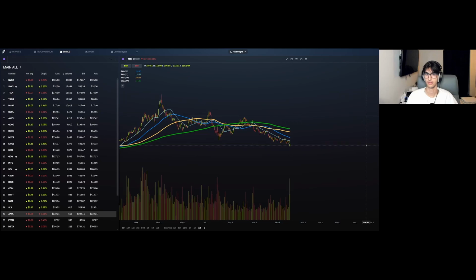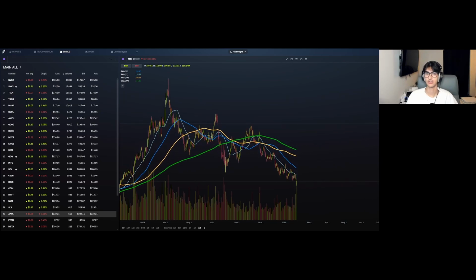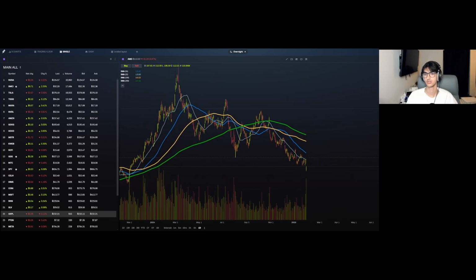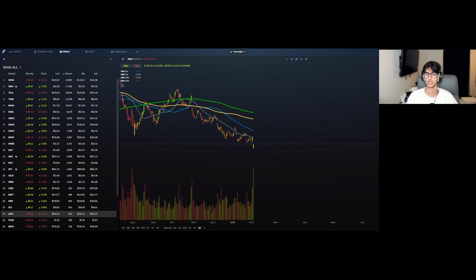Long-term, it's a show. This is the worst chart. Why would you be going long here? The only reason to go long would be, and I'm critiquing myself because I am long, and in retrospect it's still way too risky.